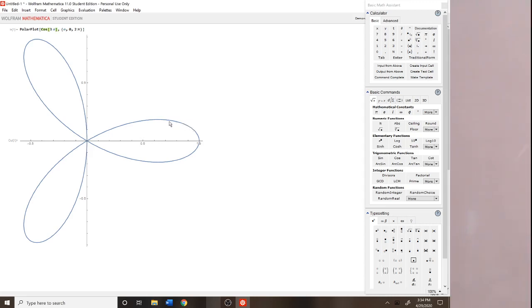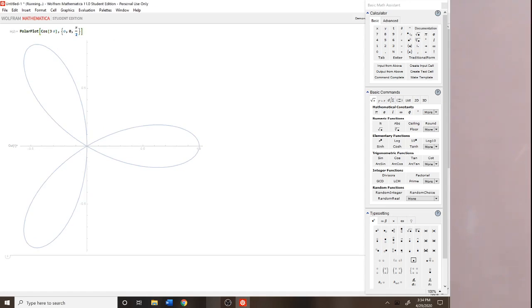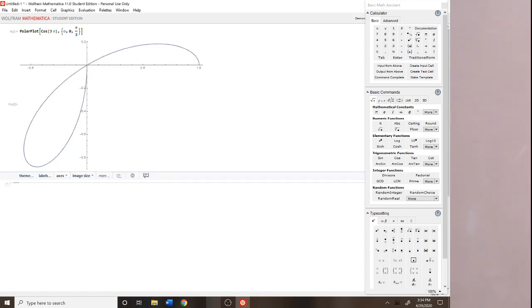And then what angle is going to give me 0? I think it's going to be pi over 2. So let's go from 0 to pi over 2. Actually, I think it's going to be something different, but let's look. Okay, so pi over 2, I start here, and I go all the way around back to there.